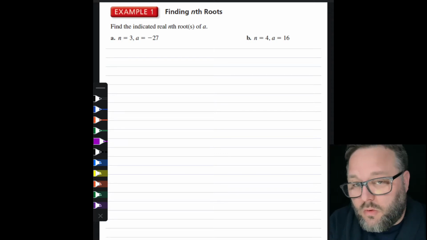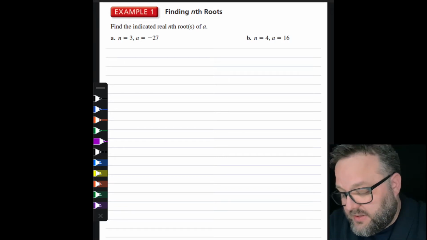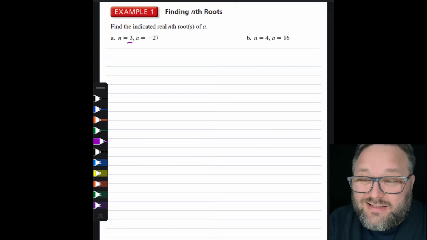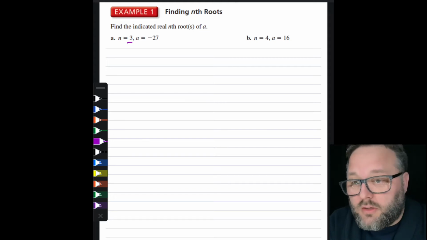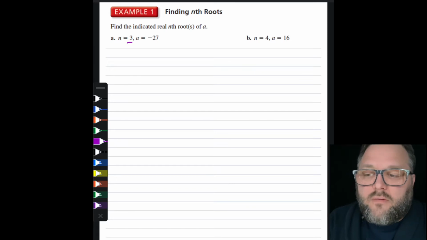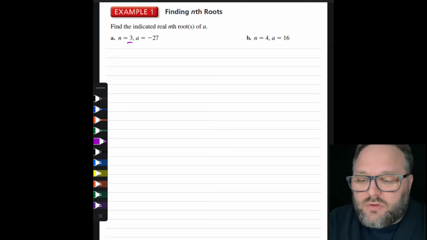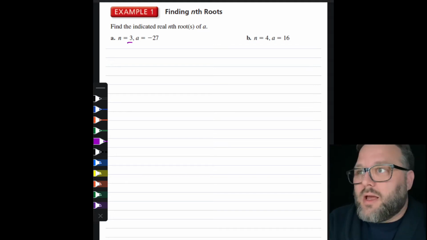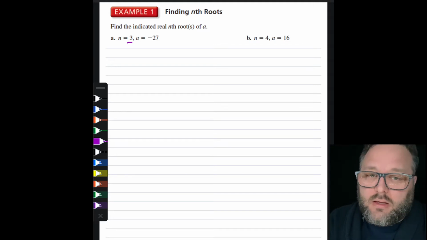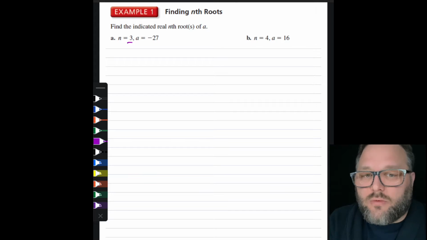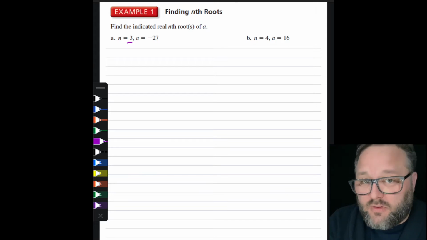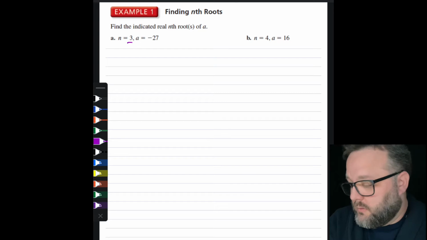But here, what we really want to pay attention to mentally is: is n even or odd? In this case, it's odd. So I'm only going to have one real answer. Think about it this way. The square root of 4 can actually be -2 or +2, but the cube root of -4 can only be a negative number, because you can never multiply nothing but positive numbers and get a negative number.